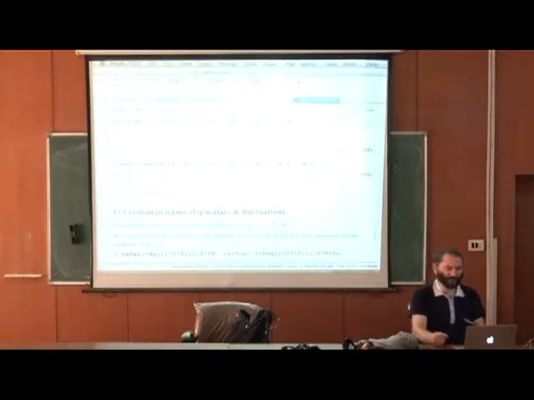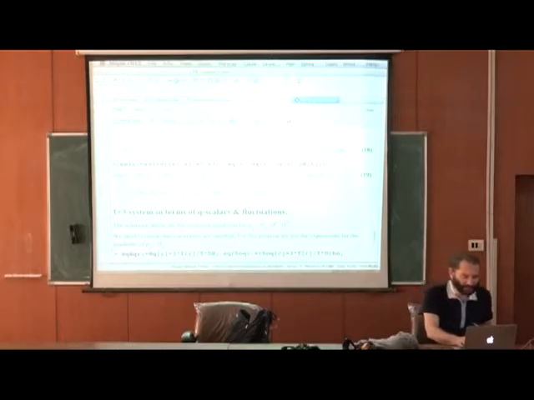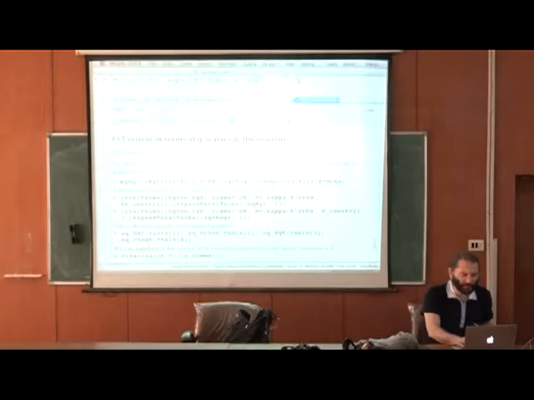These are the equations, and they are correct. See, this is the 1 plus 3 system in terms of scalars and fluctuations. The solutions above are the evolution equations for these objects here.